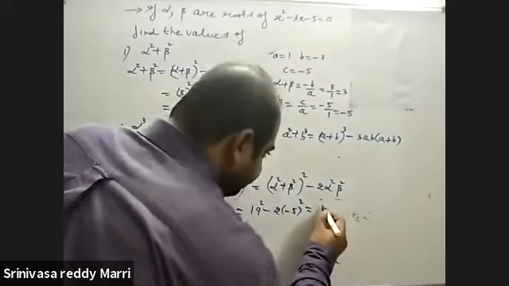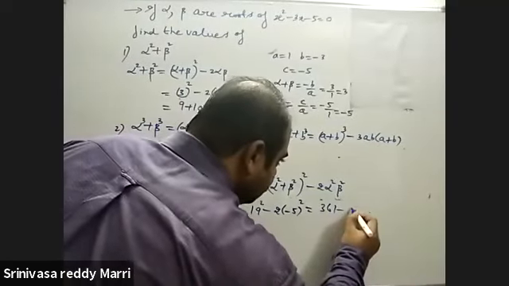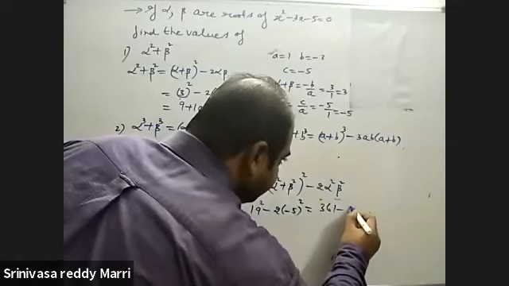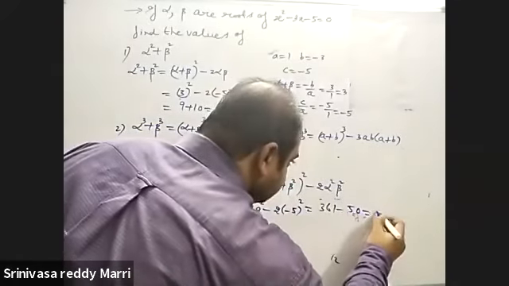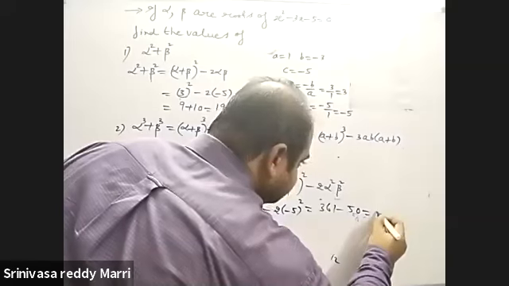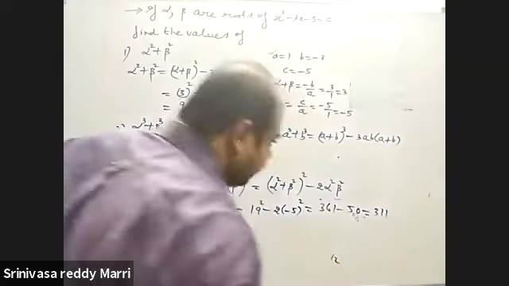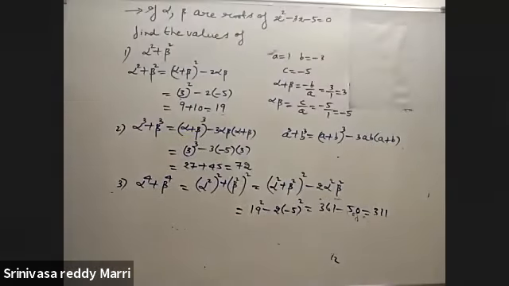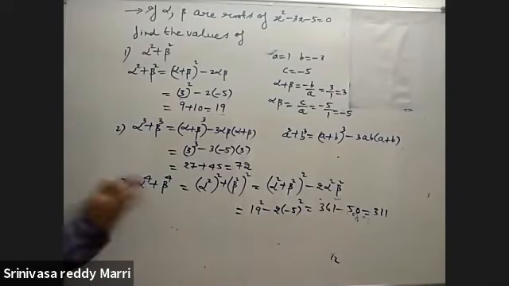So what is the value of 361 minus 50? Therefore you will get 311. Like that, alpha to the power 4 plus beta to the power 4.